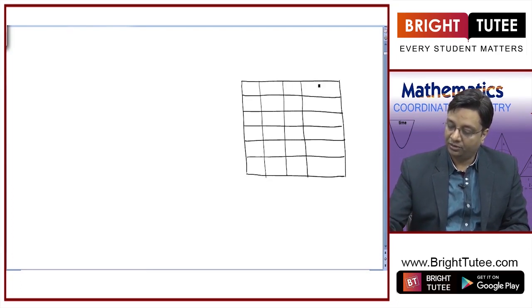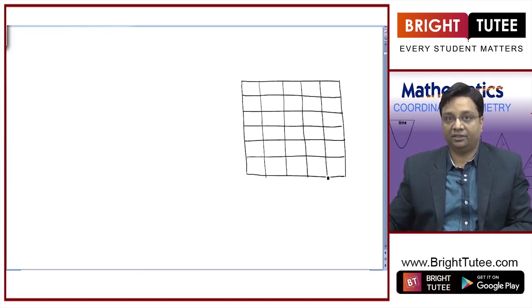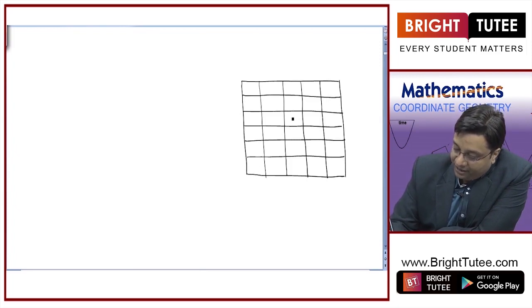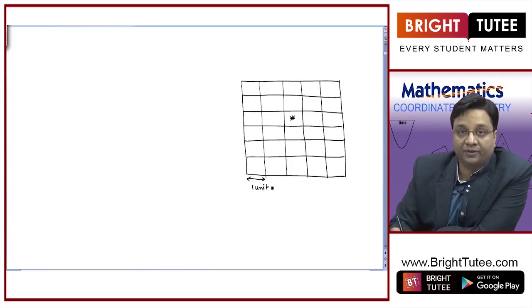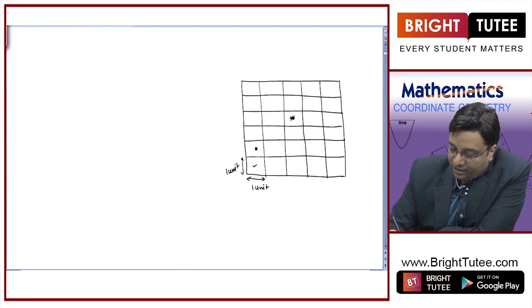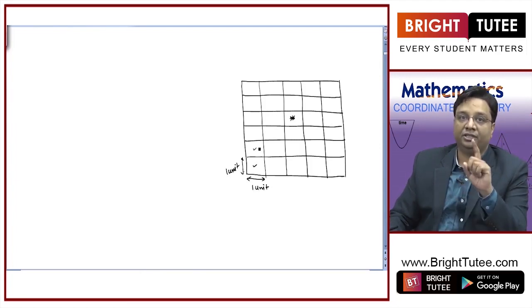Now I have joined all the seating chairs or benches in your class, right? If I say that a student is sitting here, okay, and let me tell you, these all are 1 unit, so this distance is 1 unit. So these are little squares of side 1 unit.